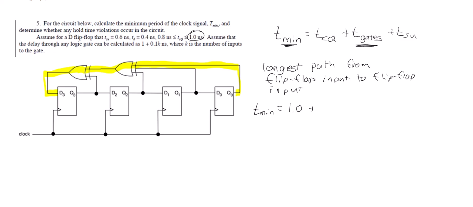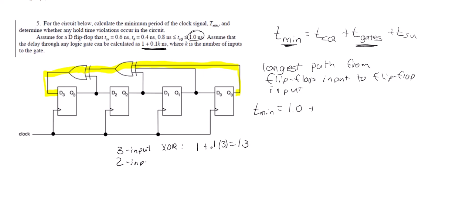Plus our gates. Now we go through 2 XOR gates. Notice that for a logic gate, the time is 1 plus 0.1 K, where K is the number of inputs. So for this 3 input exclusive OR, that would be 1 plus 0.1 times 3, or 1.3.